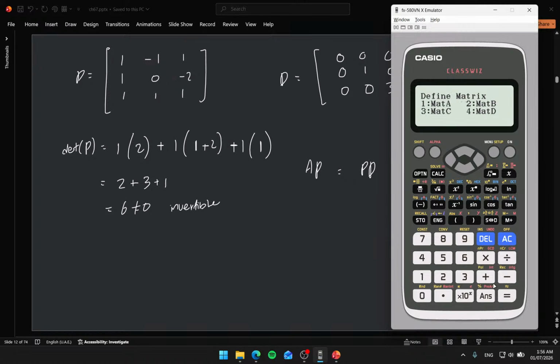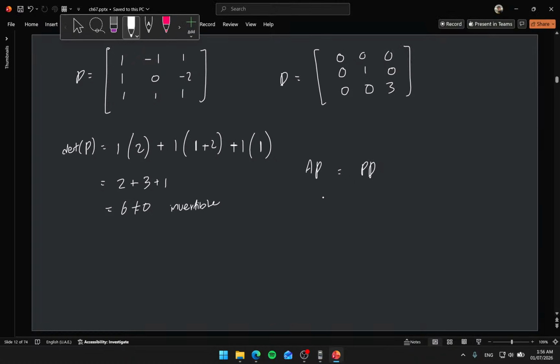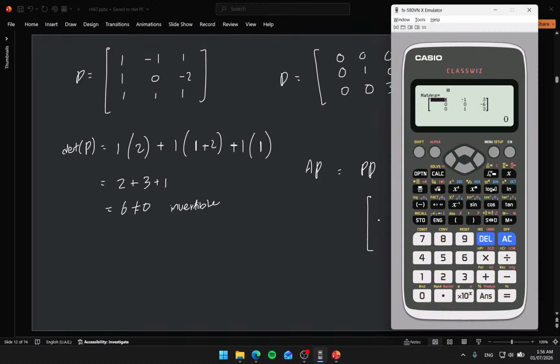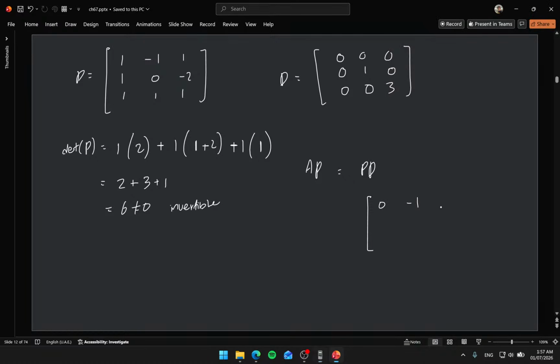Again, you save matrix B, 3 by 3: 0, 0, 0, 0, 1, 0, 0, 0, 3. Then you do matrix A times matrix B. So that's P times D. So that's 0, negative 1, 3, 0, 0, negative 6, and 3, 1, 0.